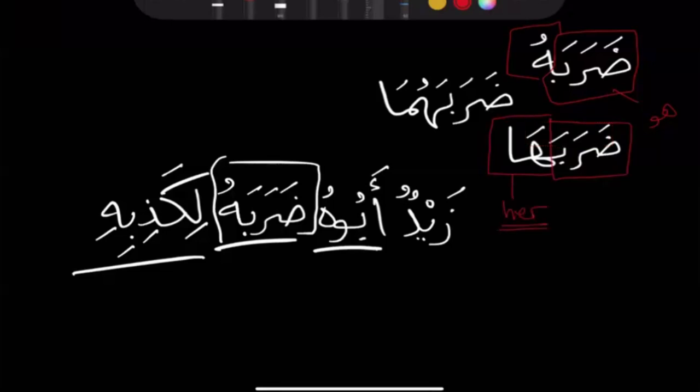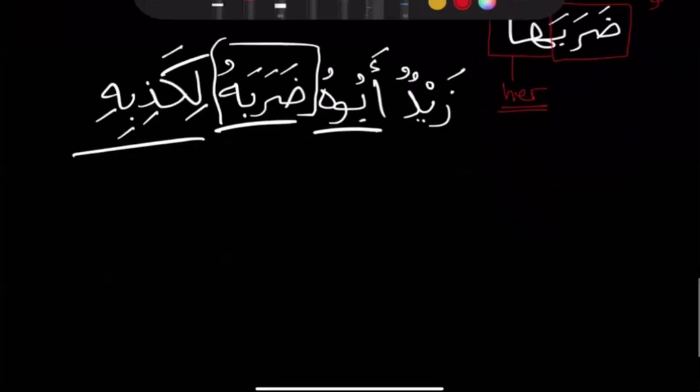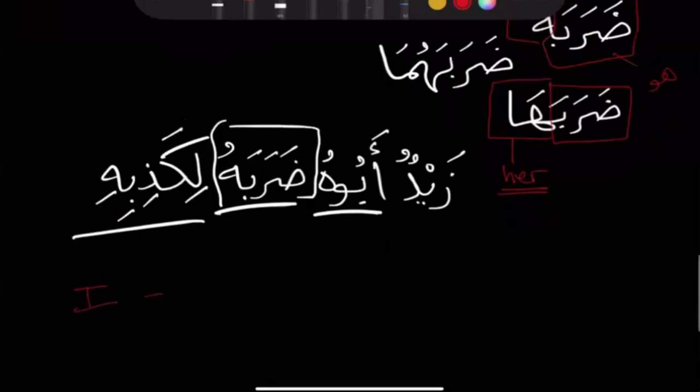The receiver is her. What's going to help you to not get confused is to remember the pronoun sets, even in English. So her, daraba. And daraba, the verb, contains the pronoun huwa. So that's he hit her. Exactly. Darabaha, he hit her.